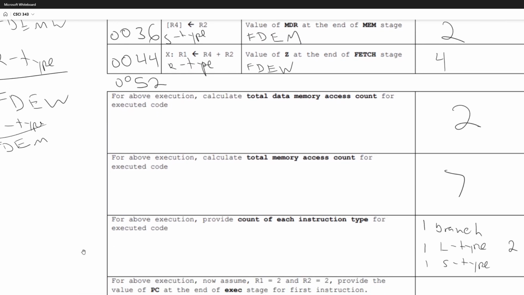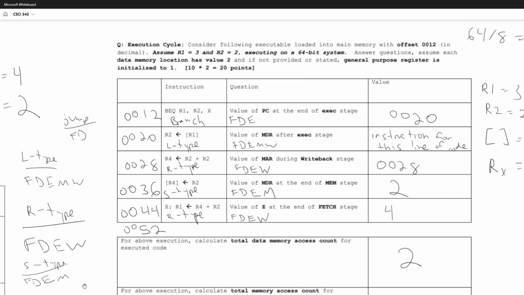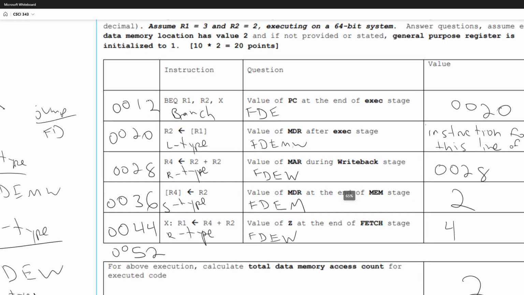For the above execution, now assume R1 equals 2 and R2 equals 2, and provide the value of the PC at the end of the exec stage for the first instruction. So this is what I was talking about before. Now, if R1 is 2 and R2 is 2, this is equal. So this branch will be true.